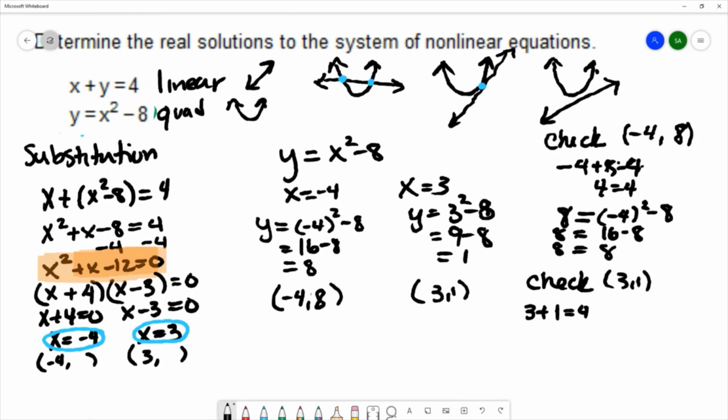For the second equation, y equals x squared minus 8, we would have 1 equals 3 squared minus 8. 1 equals 9 minus 8. 9 minus 8 is 1, and that's another true statement. So we've verified that both of these ordered pairs are solutions to the system of nonlinear equations.